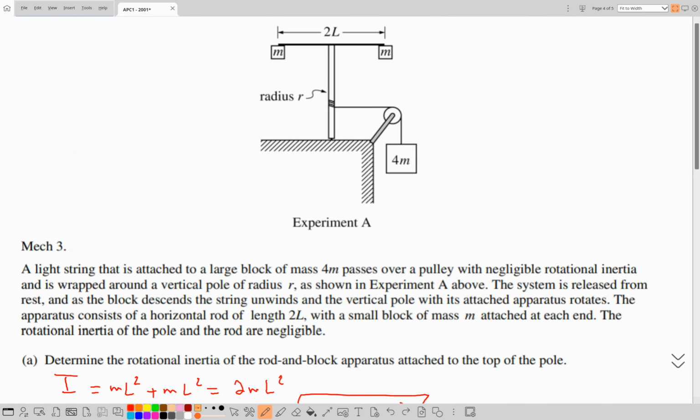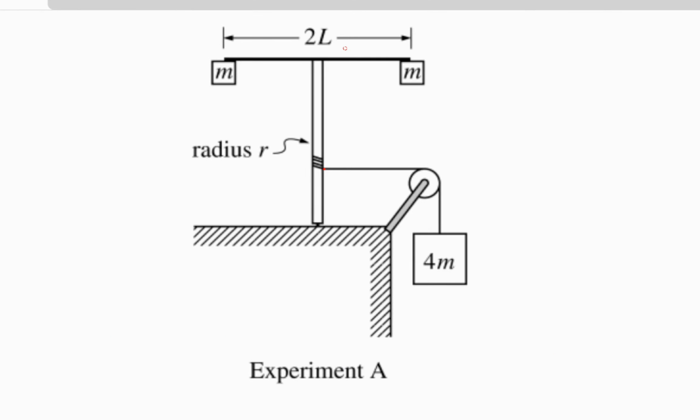Now what are the forces that are acting on this rod? Basically we only have the one, which is the tension through the string, and we know that tensions along strings are always applied tangentially, so no need for cosine. And notice carefully that the pole has a radius r, so the torque produced by the tension is due to a radial distance given by r.